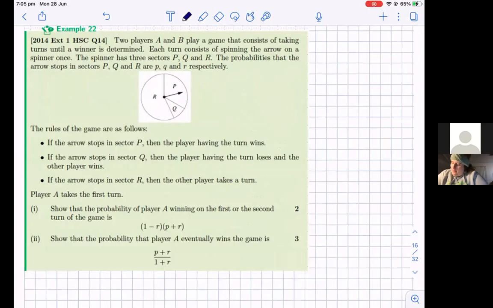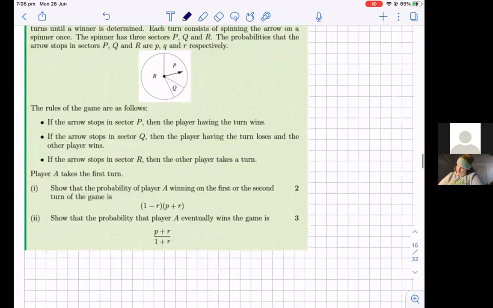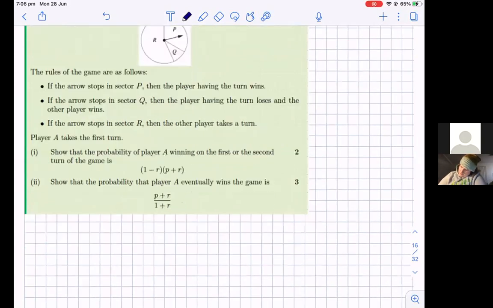Okay. The spinner question. Show that the probability of player A winning first or second. Okay. So let's think of what happens.